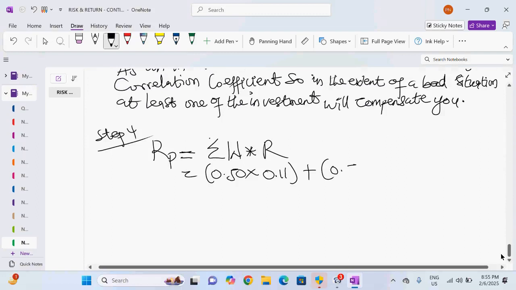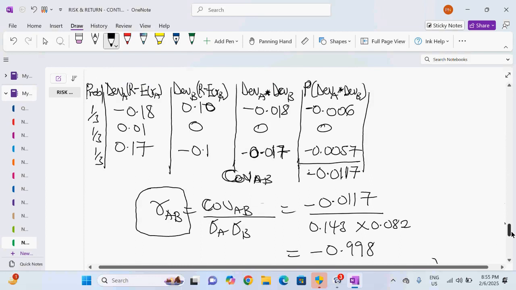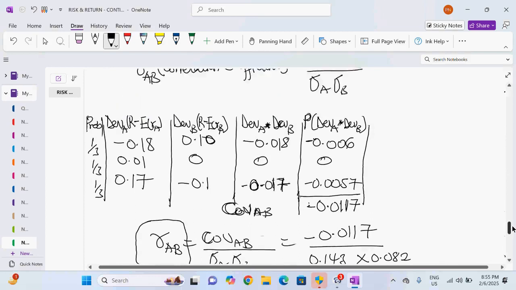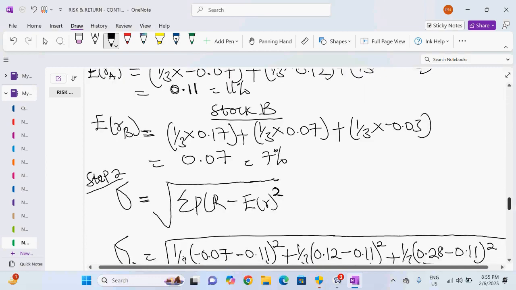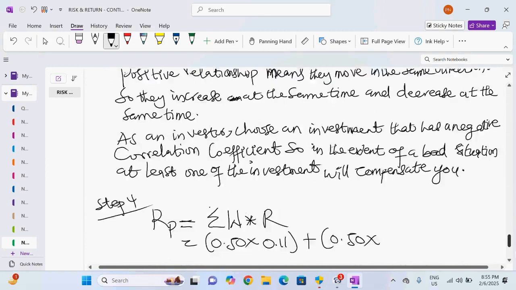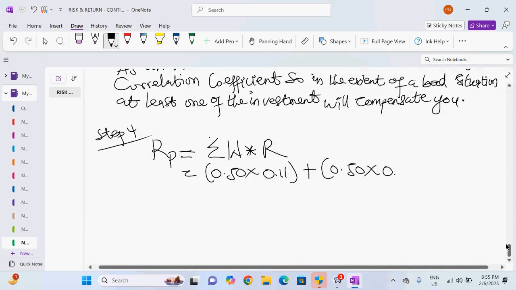Plus the weight times the expected return of B. What is B? 0.07.